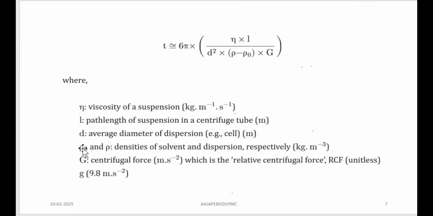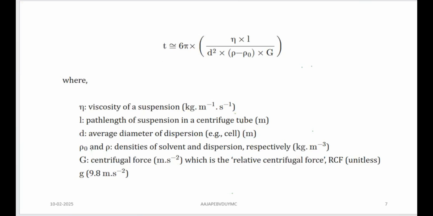Rho 0 is that of the solvent, and rho is that of the dispersion, that is how densities they have referred. And d square is the average diameter of dispersion, that is particular cell or whatever it is, right? Path length of suspension in a centrifuge tube, L, that is nothing but your R, the distance it is going to travel. So these things put together will help you to calculate the time required at which the centrifuge should run to give you good separation.